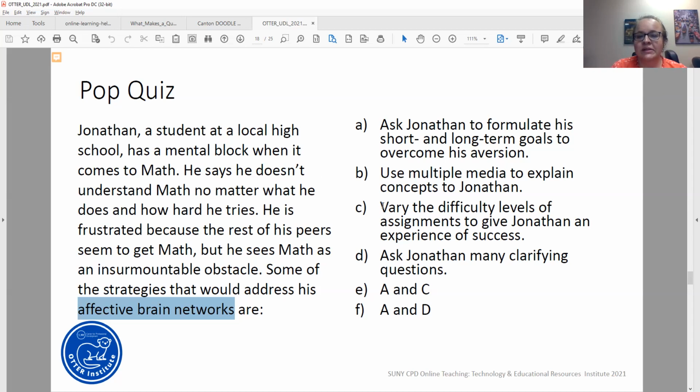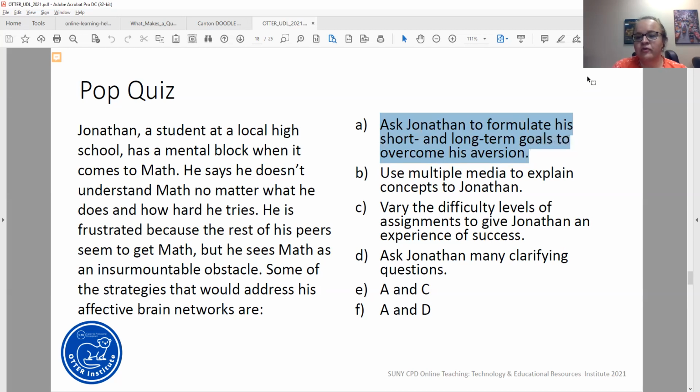So I'm definitely liking the C. This is my number one option. I'm liking the C because I'm giving Jonathan something to hold on to as a student who hates math. And also what I'm trying to do is I'm trying to work on his aversion, and that would be providing him short and long-term goals to overcome it.